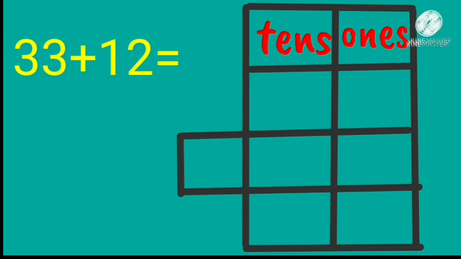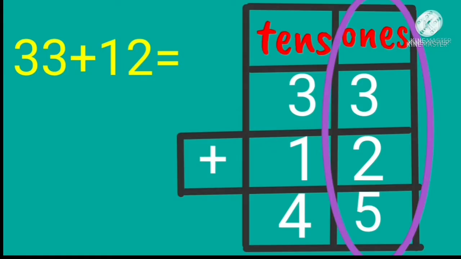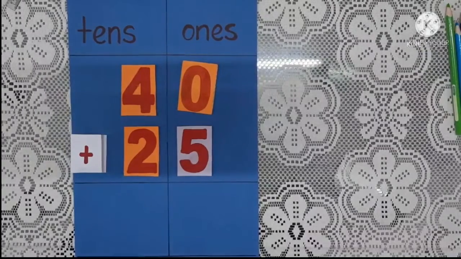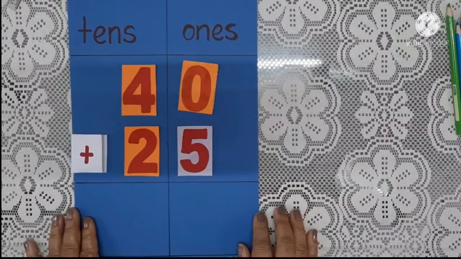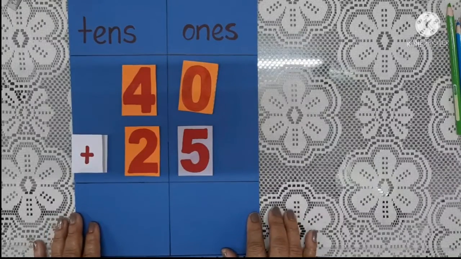Now we know how to arrange the number in their column according to their place value. Children, when we are using vertical form method, we always start in the column ones. Now children, before we do the exercises on the total value of the coins, I would like to show you some examples in the vertical form.